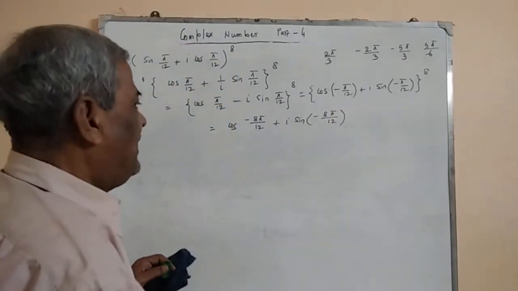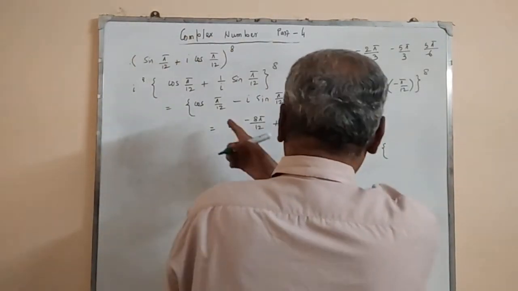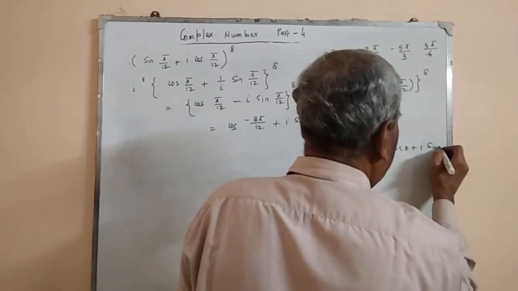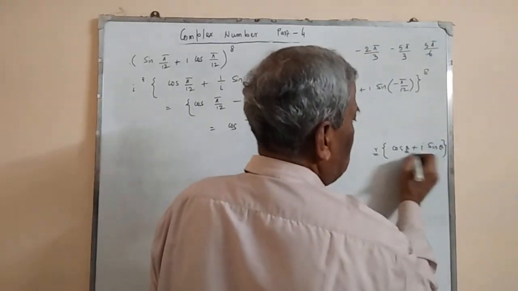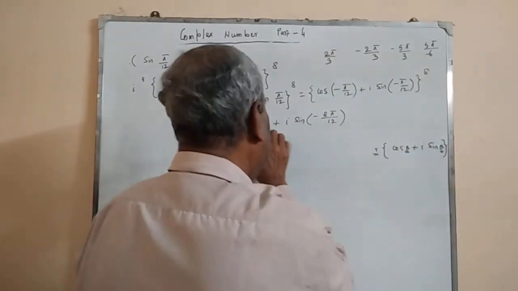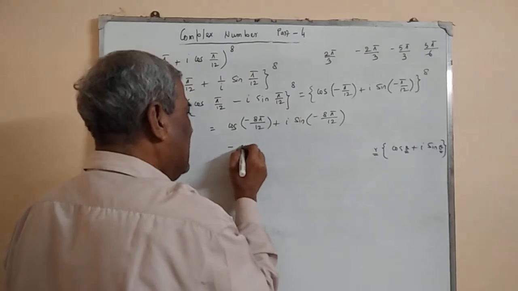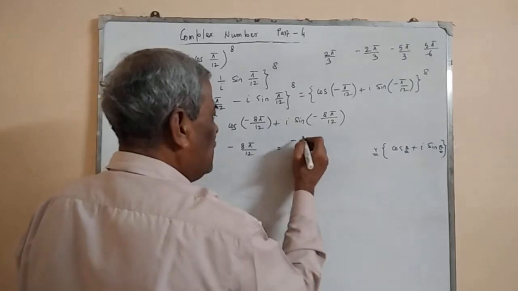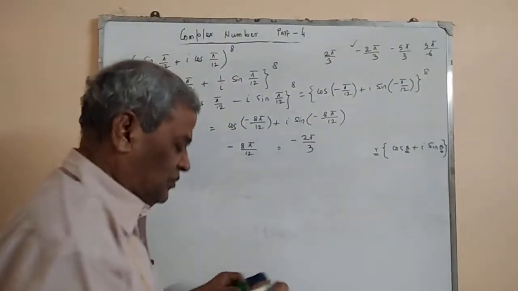A complex number of the type r into cos theta plus i sin theta has modulus r, which is 1 here, and argument theta. The angles in cos and sin must be the same, and they are. Then the argument is minus 8 pi by 12, which is equal to minus 2 pi by 3. So option B is correct.